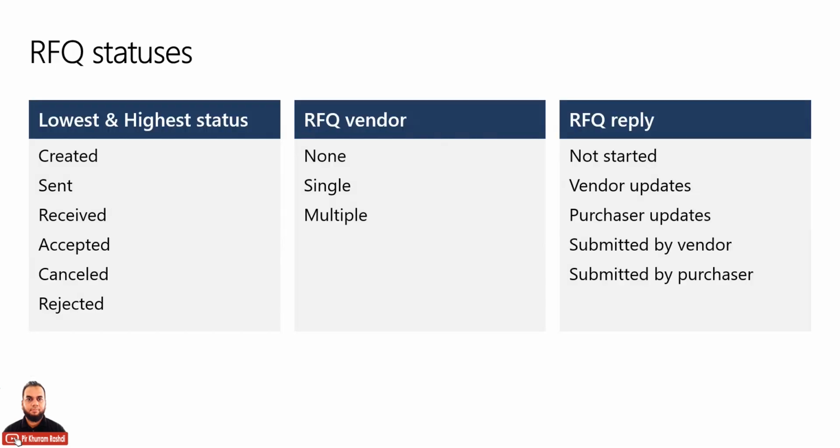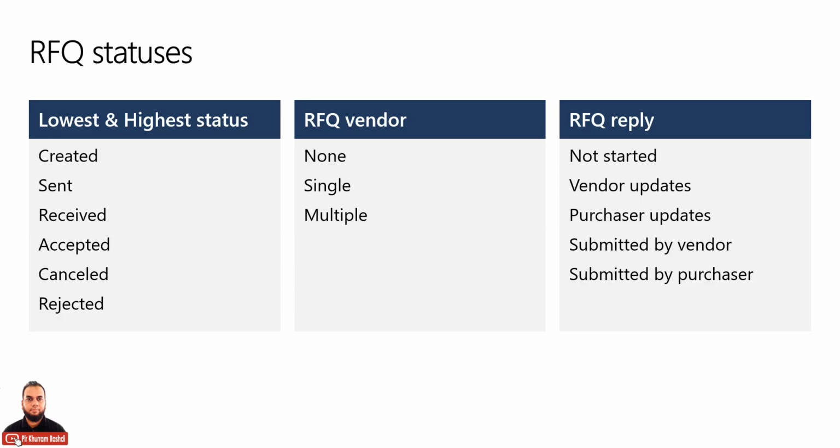RFQ statuses are various, and there are lowest and highest statuses. The highest status can be accepted, cancelled, or rejected, and the lowest status is created. Once the RFQ is in created state, then the sent status can be achieved by sending to multiple vendors or one vendor or supplier.